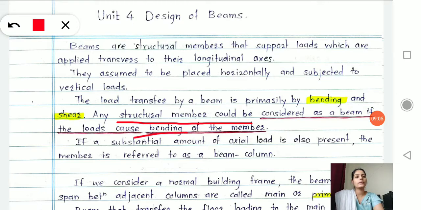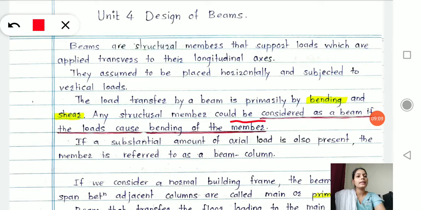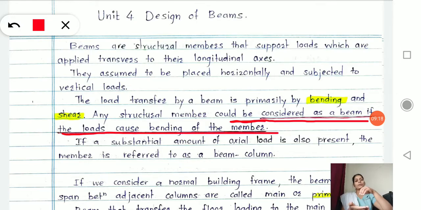We can read the sentence written over here: any member could be considered as a beam if the load causes bending of the member. If the load applied on that member is causing bending, that member is getting bent, then that kind of member is definitely a beam member.